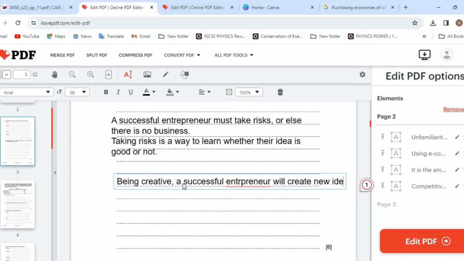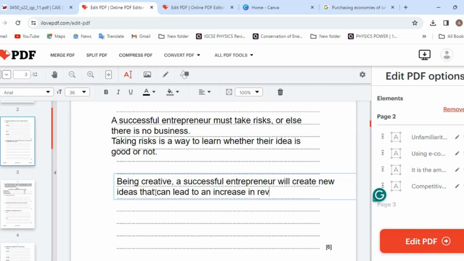New ideas that can lead to an increase in revenue. Yes, new ideas that can lead to an increase in revenue. That's one. And it also adds value.